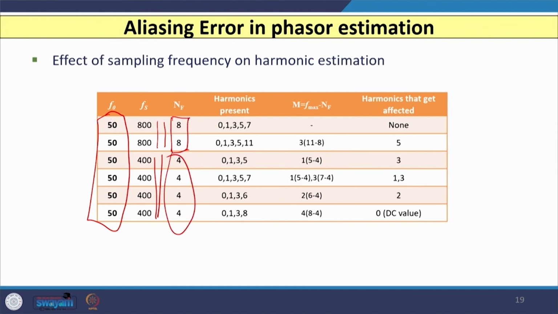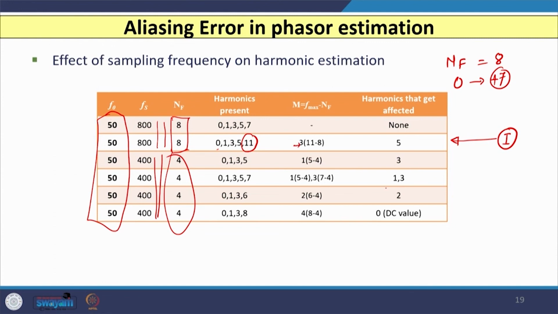If I consider the second row, the harmonics present are 0, 1, 3, 5th and 11th, and the NF value is 8. As NF is 8, it can only estimate the harmonic orders from 0 to NF minus 1, that is 7. As the 11th harmonic is present, M comes out to be 11 minus 8, that is 3.